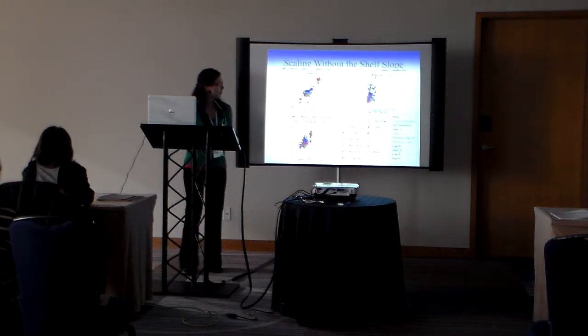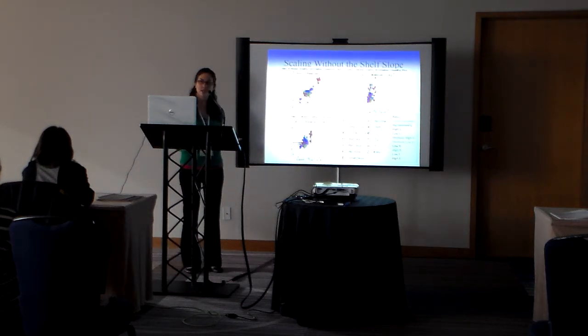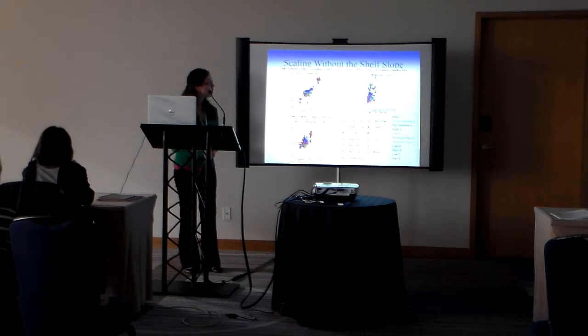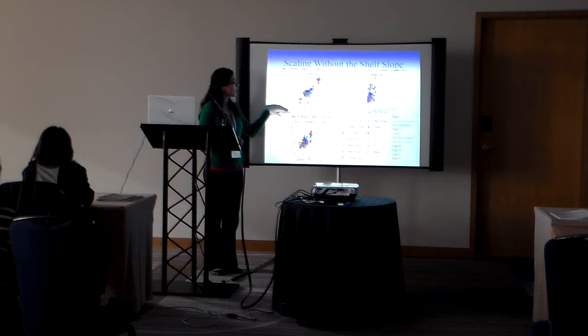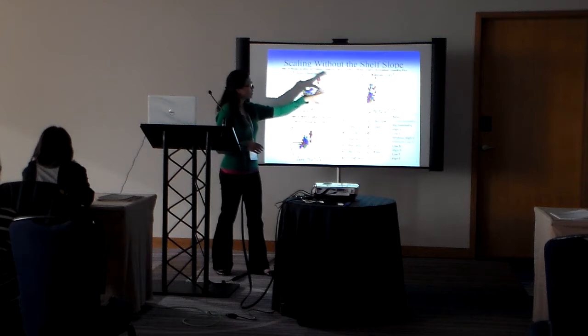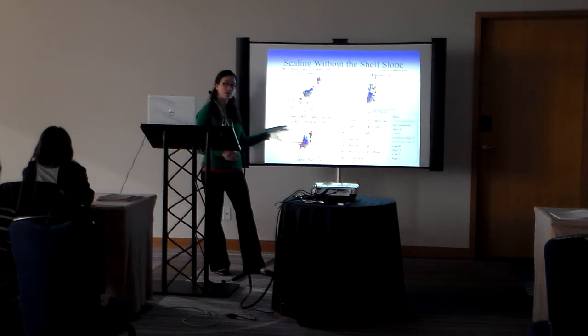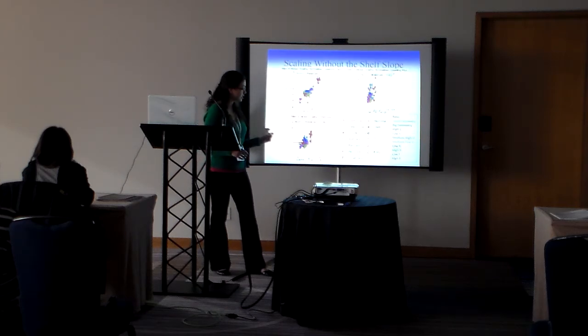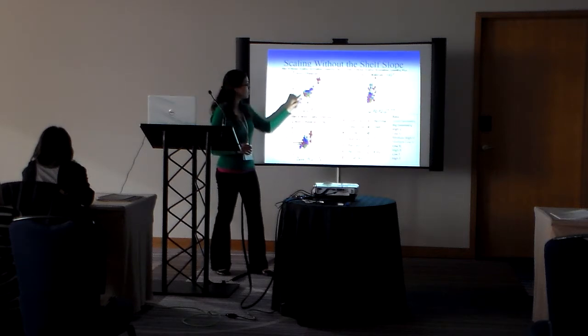And just to give some more motivation for why we need to include the shelf slope, I've plotted on here the scaled values that Allen and Hickey had in their paper on the x-axis for the depth of upwelling, flux, and deep water stretching, and then the observations, or the results from the model, on the y-axis in each of these cases. Then I fit some coefficients so I could draw a one-to-one line on these plots.